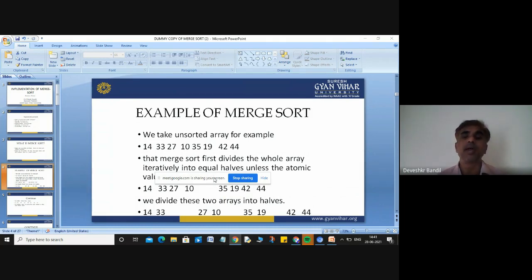After that, we divide these two arrays into halves. The first half will be 14, 33, and the second half will be 27, 10. These two halves are created from the first array, 14, 33, 27, and 10. When you divide the right-hand sub-array 35, 19, 42, and 44, the halves will be 35, 19 and 42, 44.